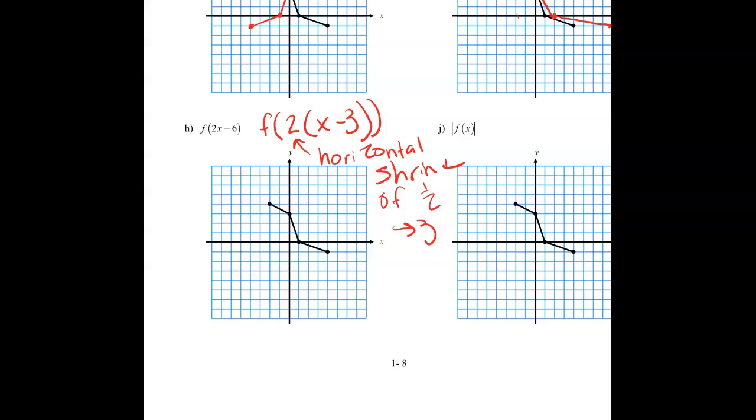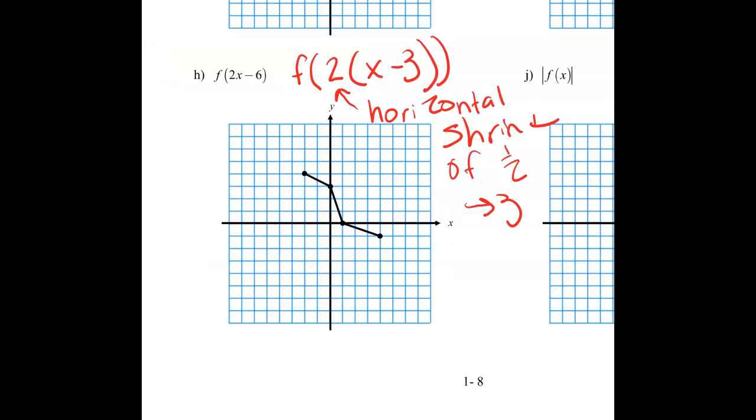Well, I'm going to be multiplying my x values by a half, and then adding 3. Looking at my first point, I have negative 2 comma 4, but I'm only going to be affecting my x values. So cut that x value in half. That would put me at 1. And then shift that right 3. 1, 2, 3 will put me at positive 2.